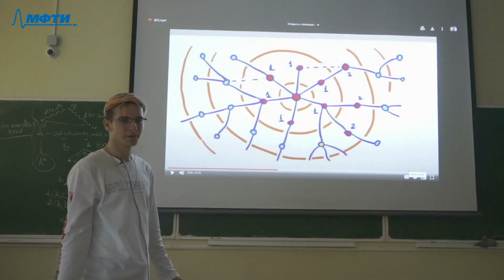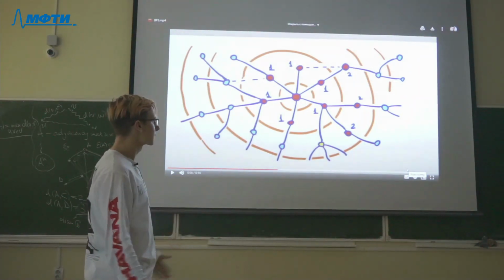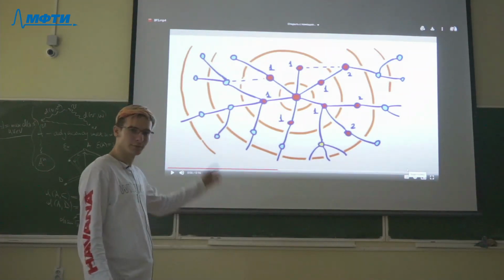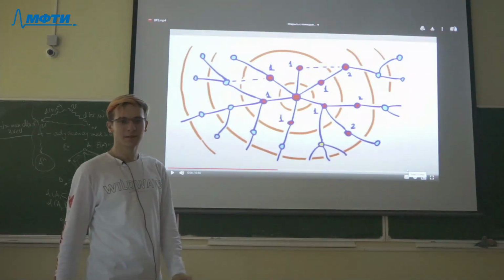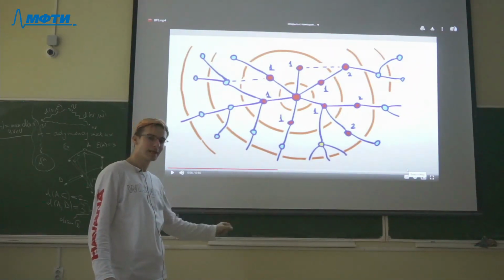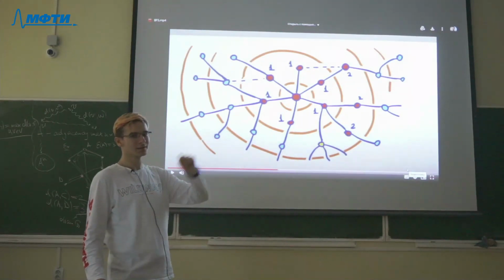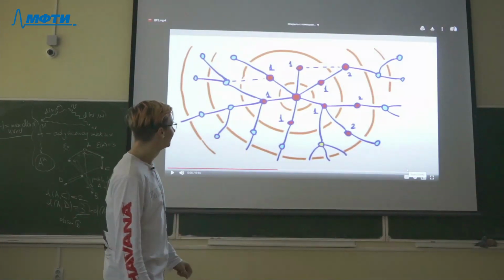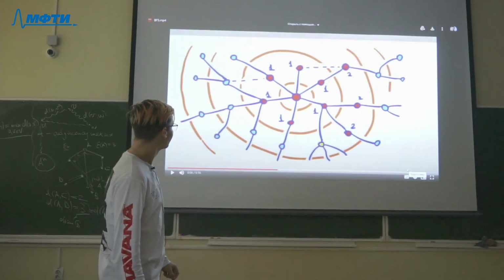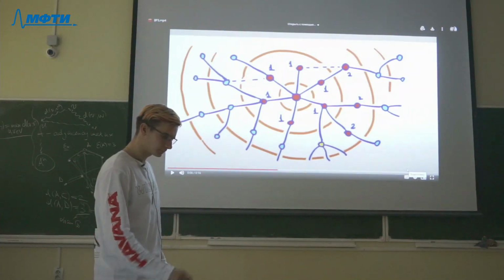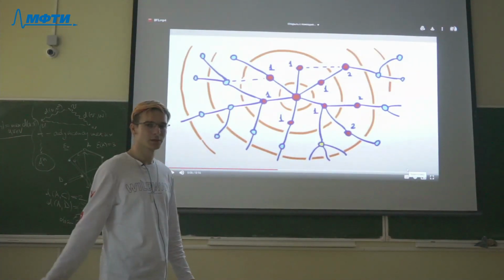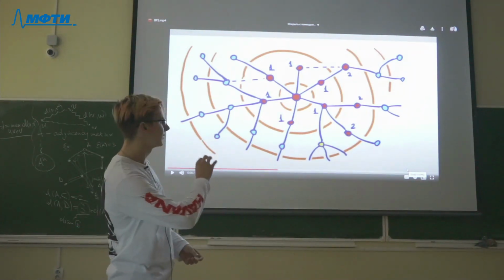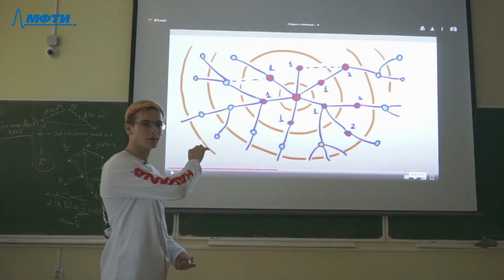So if there are vertices that aren't reachable from vertex S, they have infinity distance from the start, and they have infinity distance at the end of our algorithm, because we haven't been changing the elements U in array D.